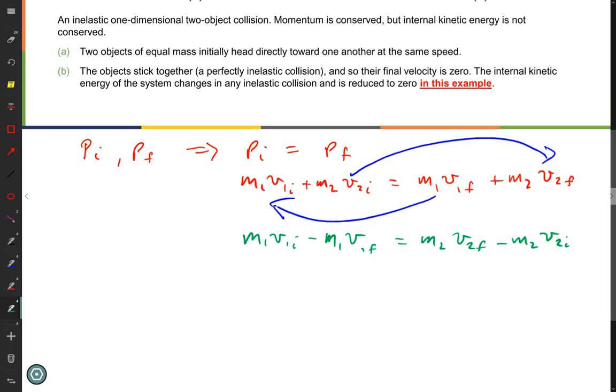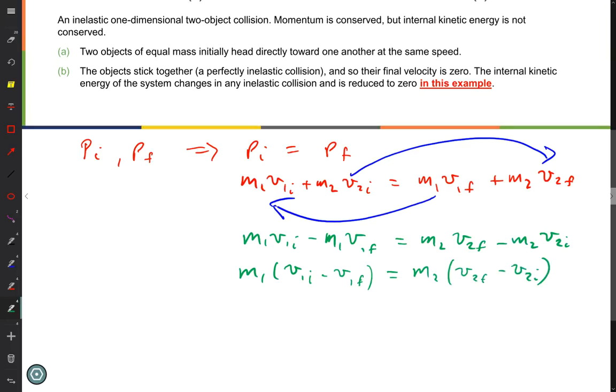And you might say, I don't think he's done anything to benefit himself. Well, I can at least factor out an M. So I have M1 times (V1 initial minus V1 final) equals M2 times (V2 final minus V2 initial).